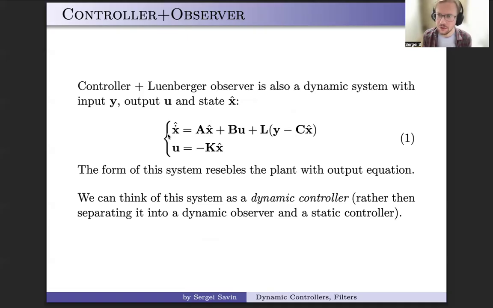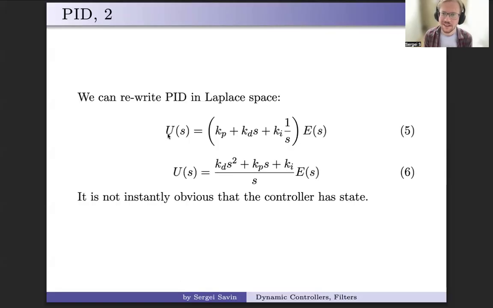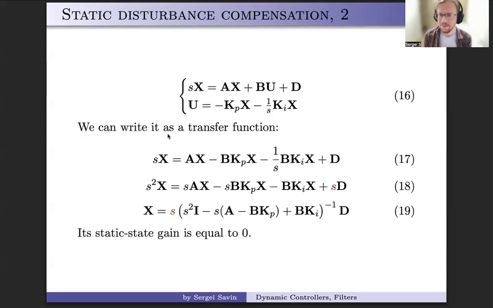So you somehow estimate your state, and you can still control it using linear feedback, right? Dynamic controller. Another one is PID, which allows you to compensate for static disturbances in your model. Again, very good. Now, the last example is going to be filters.